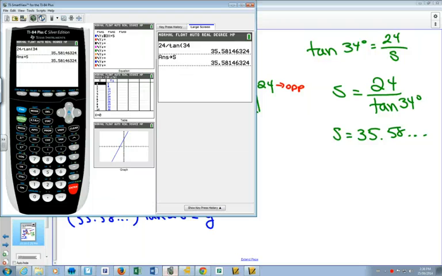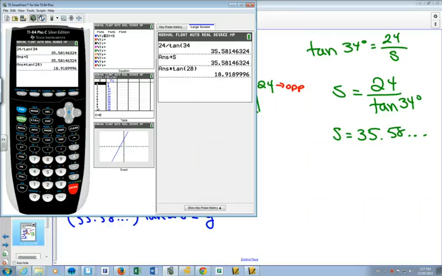Now, since the 35.58 is still the last thing in my calculator, I can just go times, and it'll automatically take that answer and times it by, what was it, tan of 28, thank you.